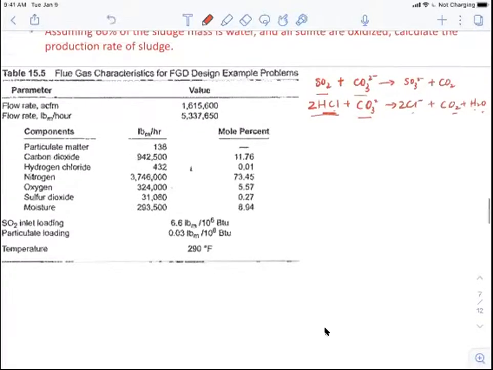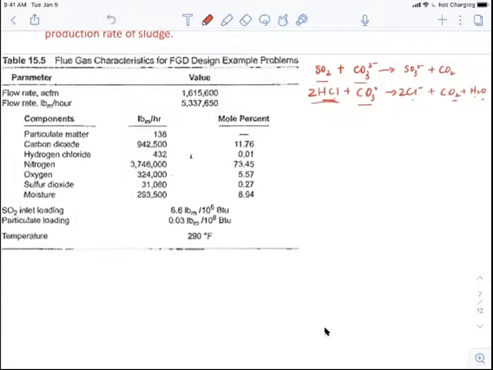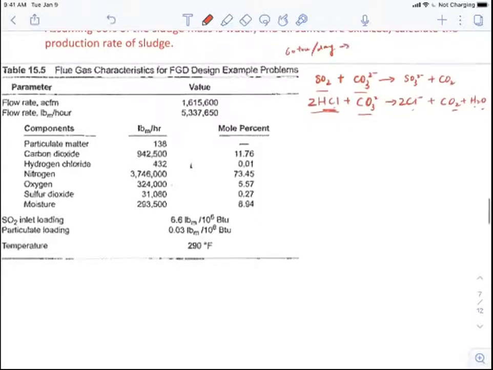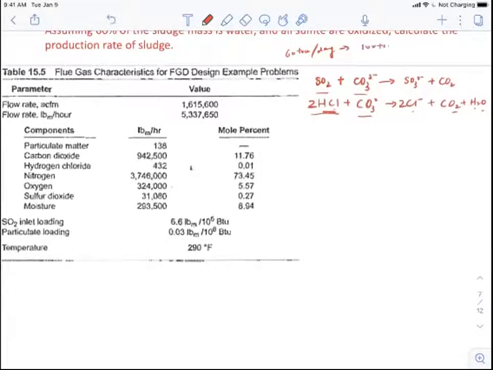If you think back how we dealt with that simple question, we need to first find out the molar flow rate for the sulfur dioxide and hydrogen chloride. Remember that we had 60 tons per day, and it requires 100 tons of calcium carbonate.